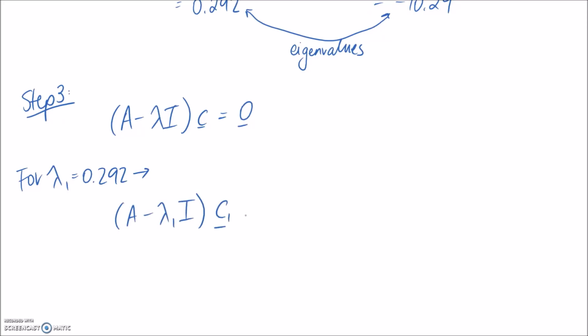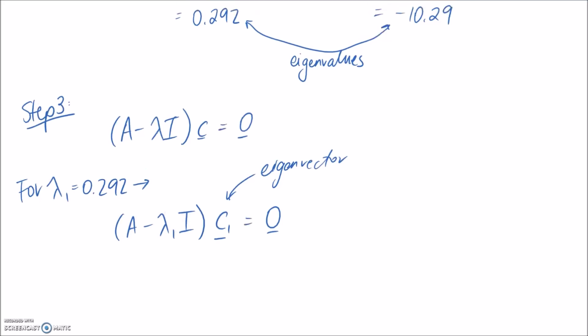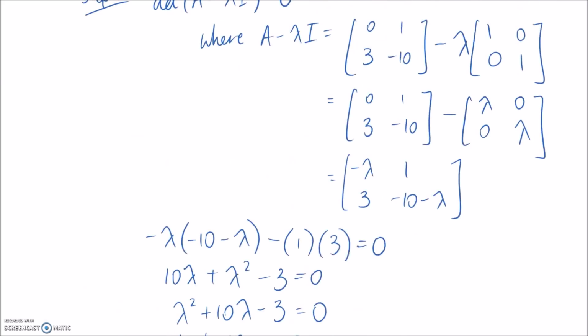So if I write out this equation for this one here, putting in my subscripts, we've got lambda 1, and I'm going to call this C1 for the first. This is the eigenvector that we're looking for. This one here is a matrix, and we already simplified that somewhat before. A minus lambda I is going to be equal to this, so we just need to substitute in our lambda value.